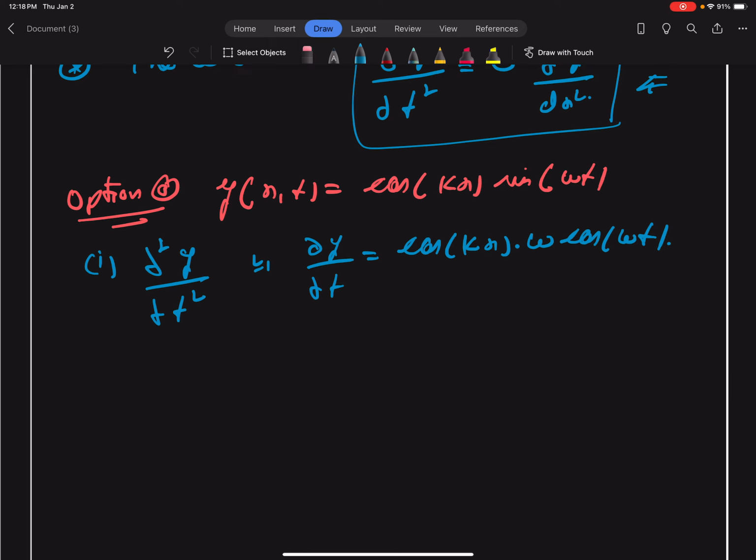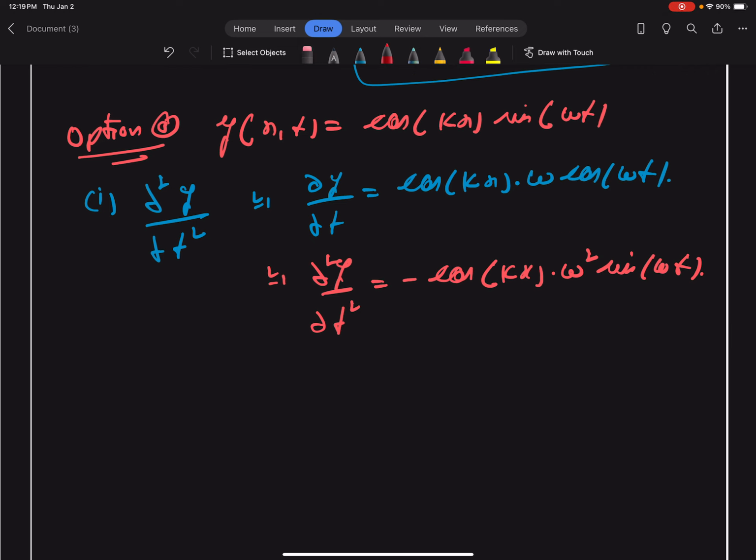And now its second derivative will be equal to minus cos of kx omega square and sine of omega t.